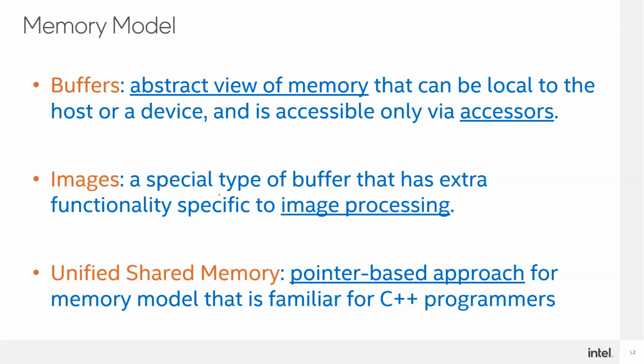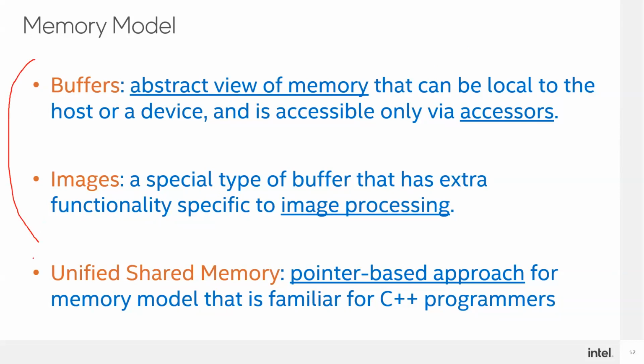So it should be clear that there should be a mechanism in SYCL to allow you to pass the data from the host side to the accelerator, the device side, and back. And that's why SYCL provides, in principle, two major approaches. One is buffers, and images are a subset of buffers, a special type of buffer.